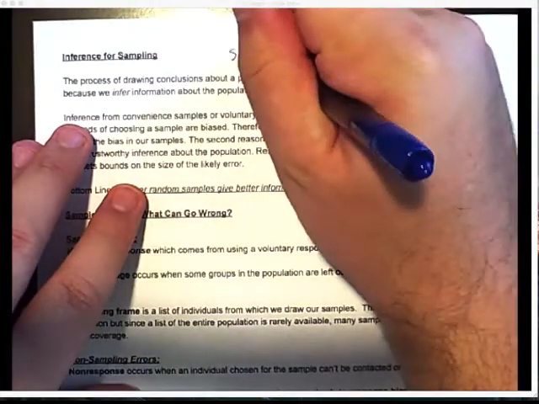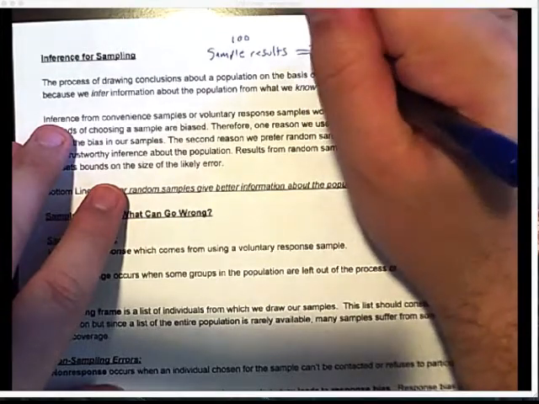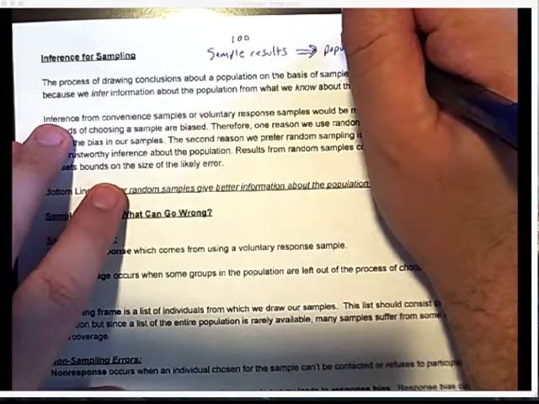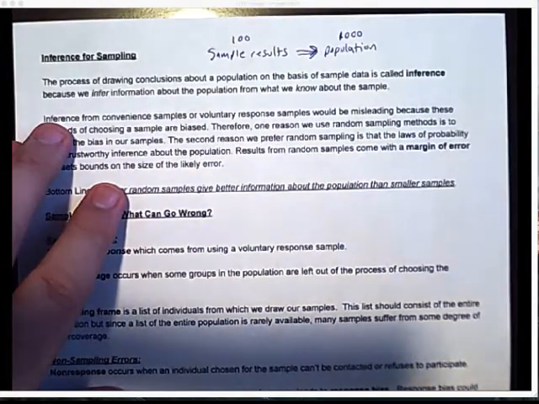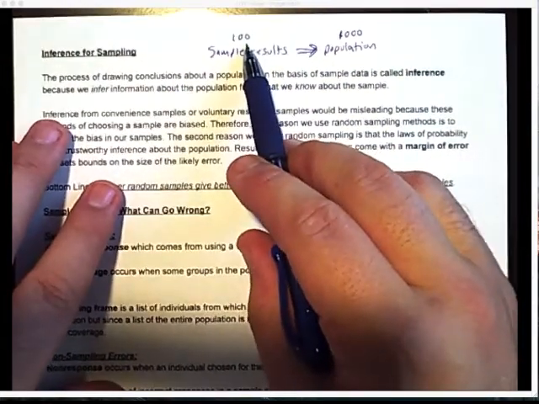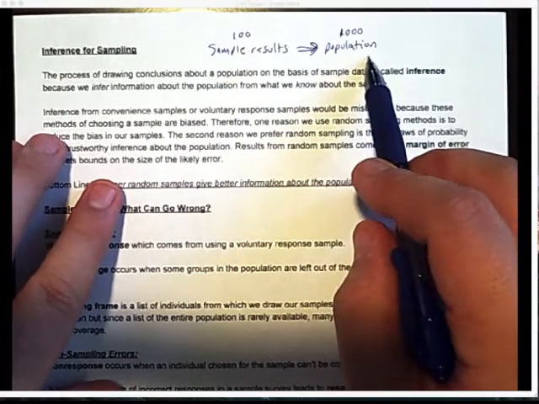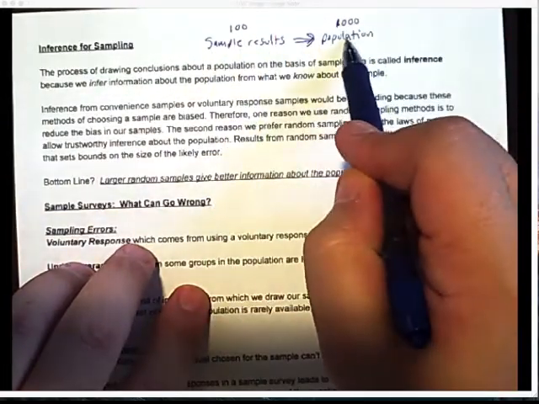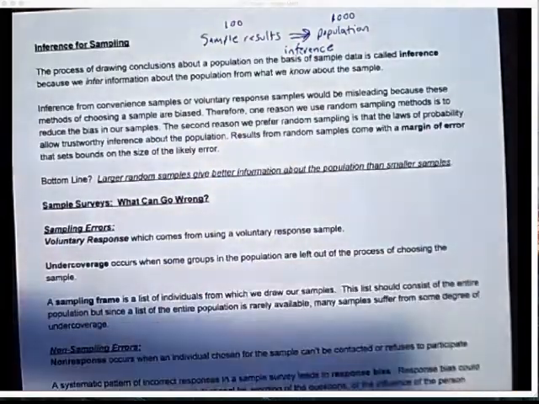For instance, we take a sample of 100 students, and that lets us make guesses about the population of a school, maybe 1,000 students. If we can ask 100 people and do our sampling right, then we can make generalizations about these 1,000 people. That process, using the sample to make guesses about the population, is called inference. And the whole second half of the book is devoted to inference.